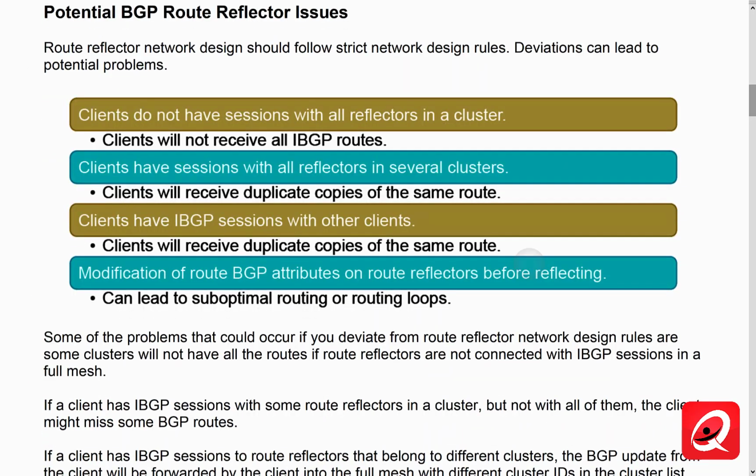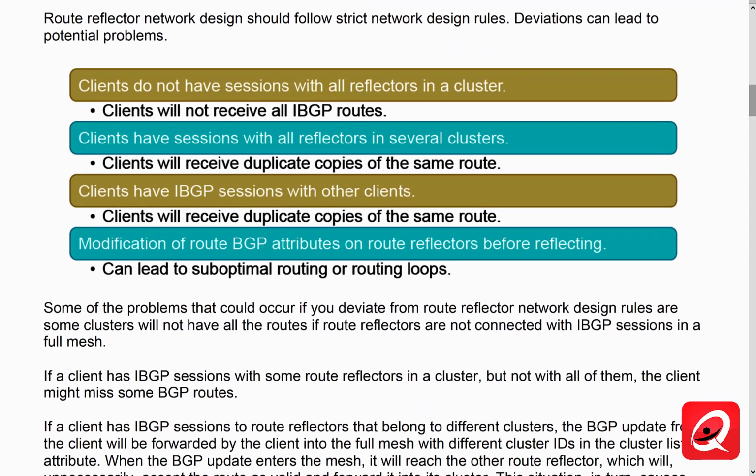I mentioned before already a few times some of the issues that can come up when we're dealing with route reflectors, and particularly when we're dealing with redundant route reflectors. Number one, clients do not have sessions with all reflectors in the clusters. That could be an issue, especially if we're trying to configure a redundant scenario.